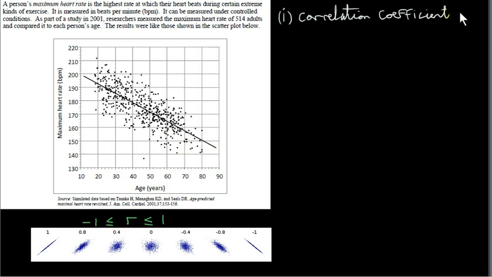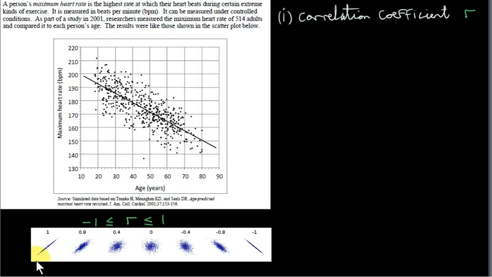We know that the correlation coefficient R is a number ranging between -1 and +1. R gives a measure of linear dependence between the two variables. Linear dependence means how well the data can be modeled by a straight line.